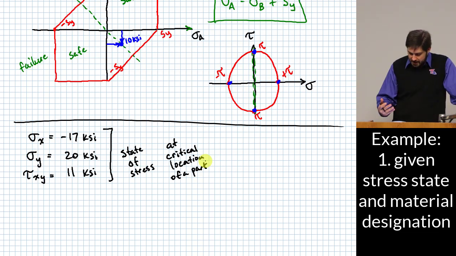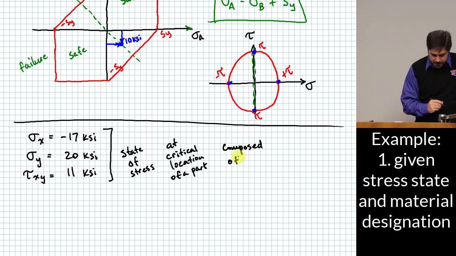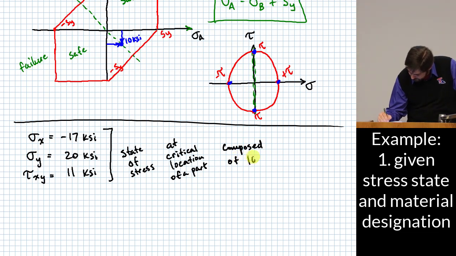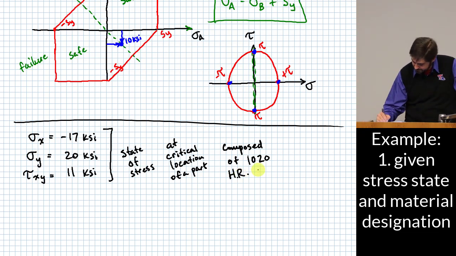So this is the state of stress we have at the critical location of a part, and that part is composed of 1020 HR steel. HR stands for hot rolled. We'll get used to that terminology, that a lot of our materials are going to be either hot rolled or cold drawn. So HR is hot rolled, CD is cold drawn.